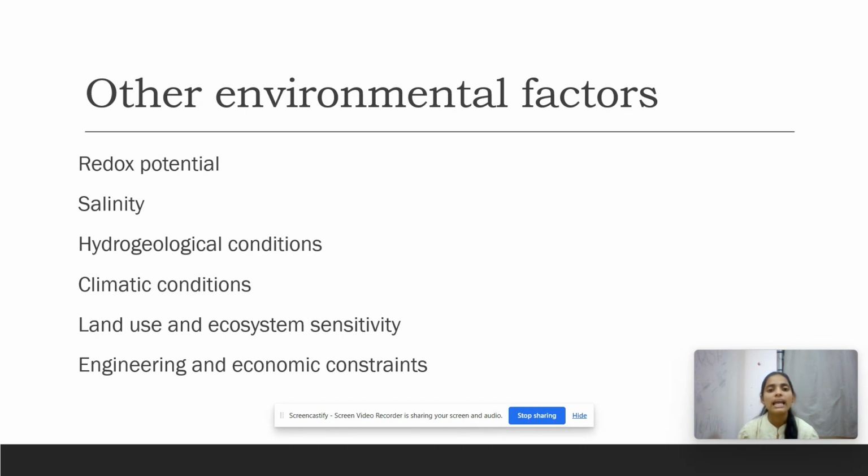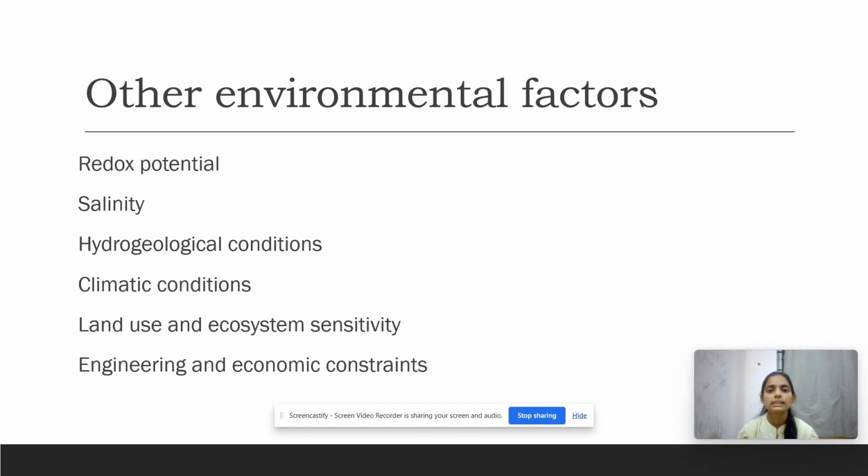Salinity: high salinity can kill some microbes, and even if halophiles can survive, there is very little microbial diversity, so the bioremediation process takes a long time. Hydrogeological cycles, like water accessibility, dissolvability and solubility, alter microbial activity and function, so they affect the bioremediation process.